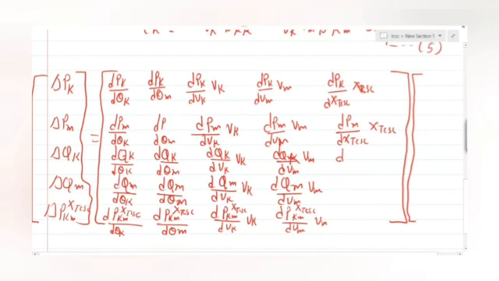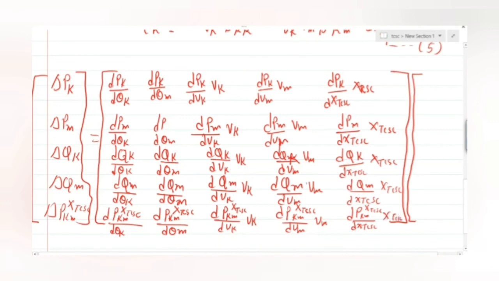Next is del Qk upon del x TCSC into x TCSC, del Qm upon del x TCSC into x TCSC, and del Pkm x TCSC upon del x TCSC into x TCSC.